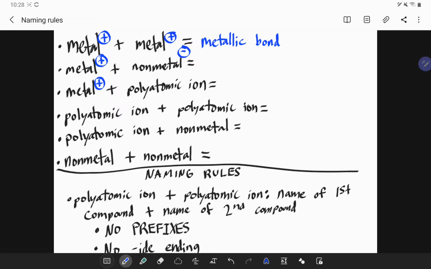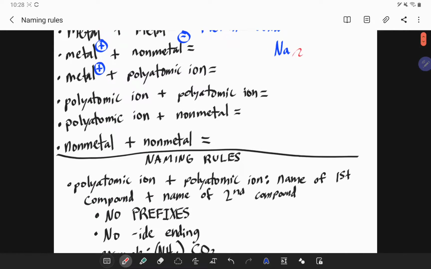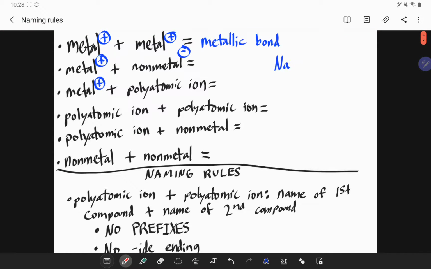So let's look at an example real quick. The most common example that you're probably going to be familiar with is sodium chloride. So we have sodium here, and sodium has 1 valence electron because it's located in the first column on the periodic table.